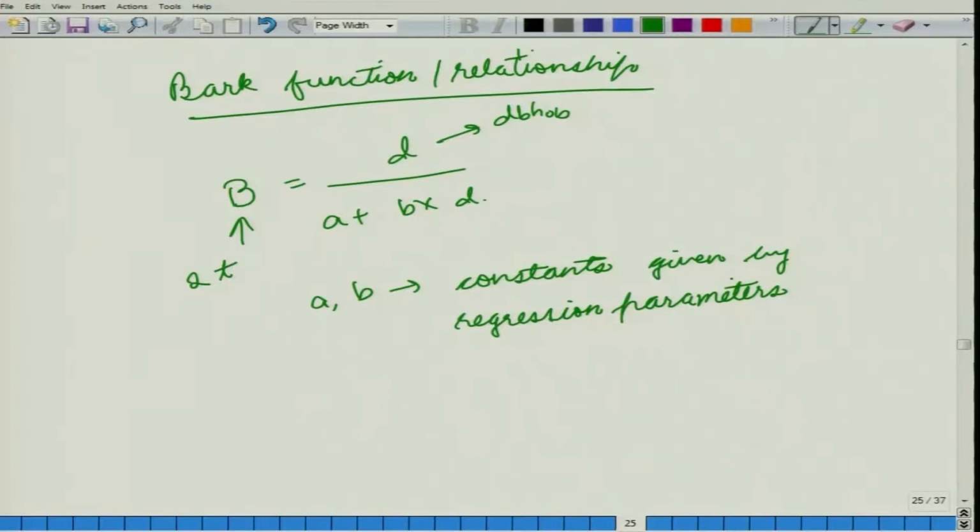So, what we are trying to do in this case is to find out a relation between the bark thickness and the over bark DBH.